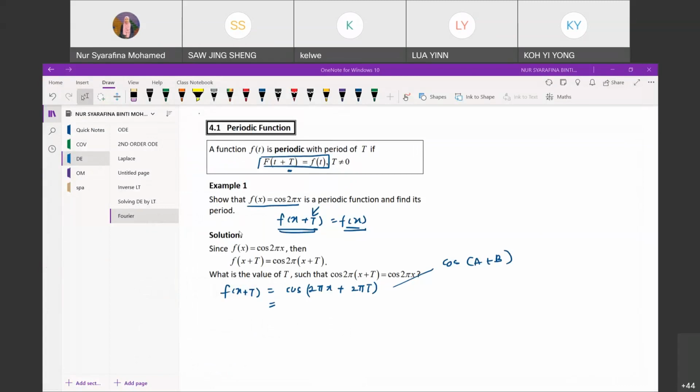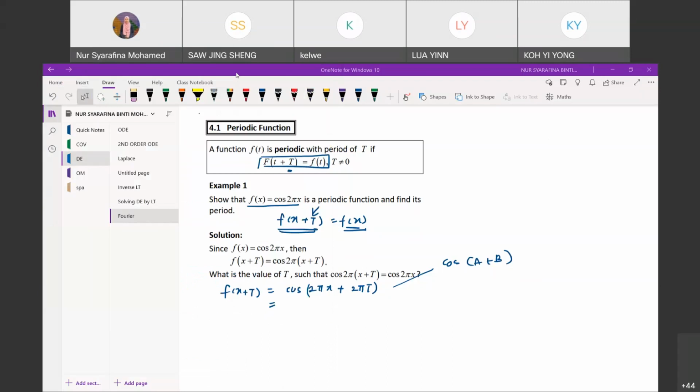Anyone? Okay, cos A cos B minus sin A sin B.